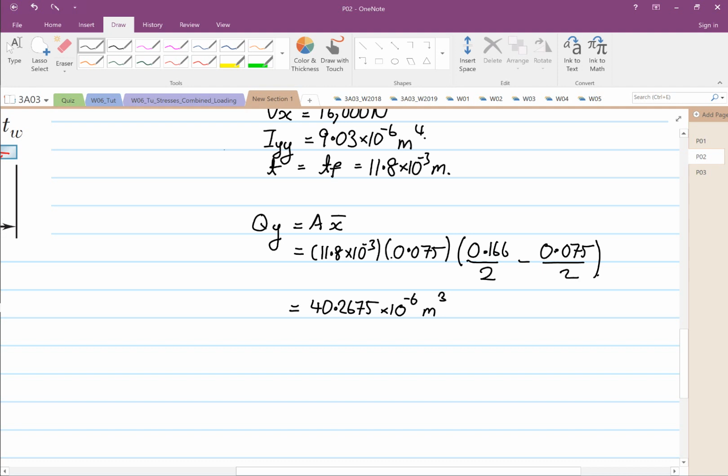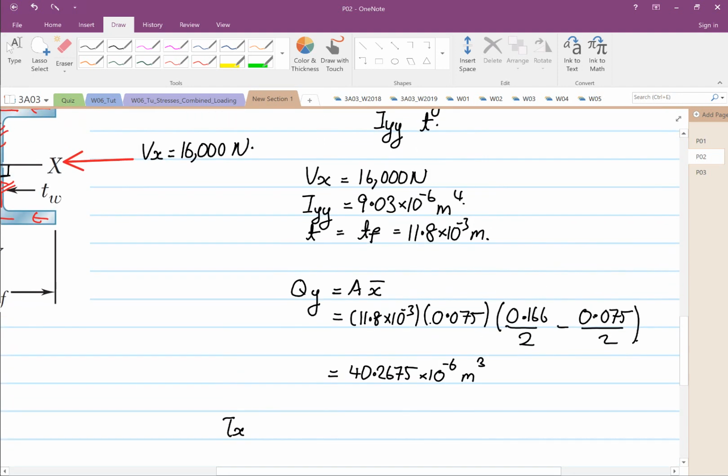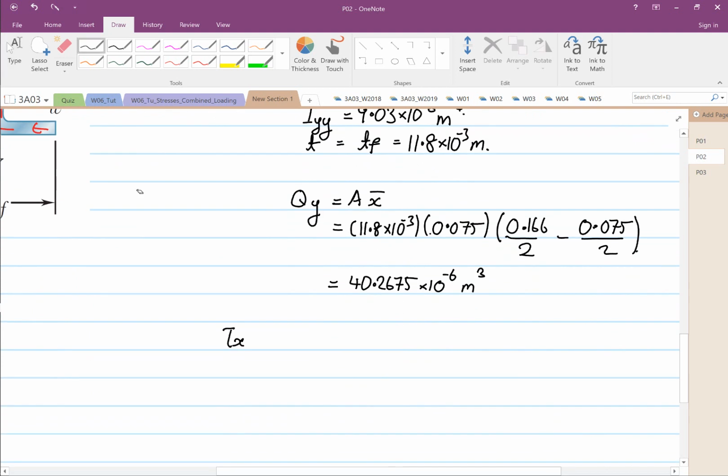Okay, so from here we can calculate our shear ZX, which is also equal to our shear XZ.